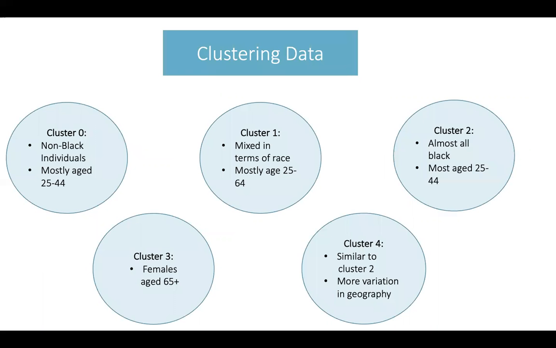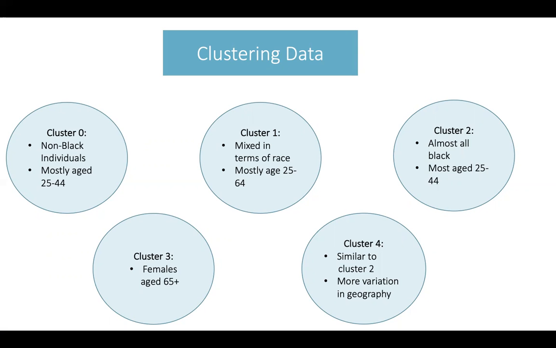For the unsupervised learning component, we developed 5 clusters that split the perpetrators into various demographics. Within cluster 0, we have mostly non-Black individuals aged 25 to 44 typically. Within cluster 1, it was mixed in terms of race, but the bounds of age were a bit wider, in that most belonging to this cluster were aged 25 to 64.